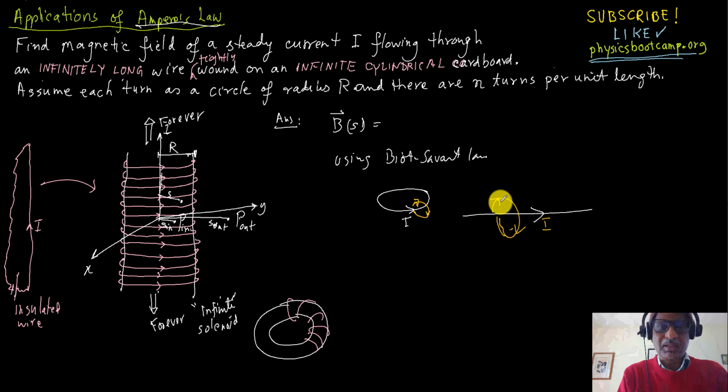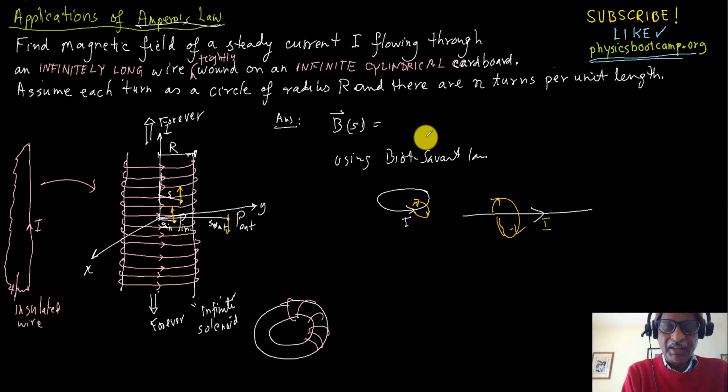So using this, you can see that the magnetic field, if it's inside, is along the k hat. On the outside, we expect it to be down, right? So we expect this kind of behavior.